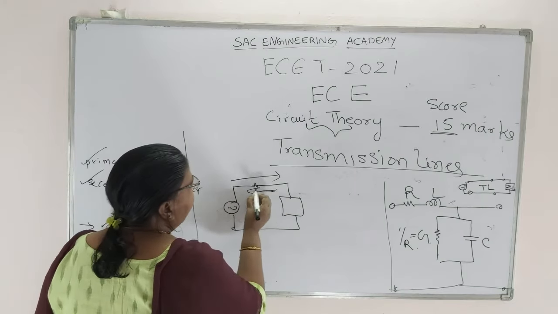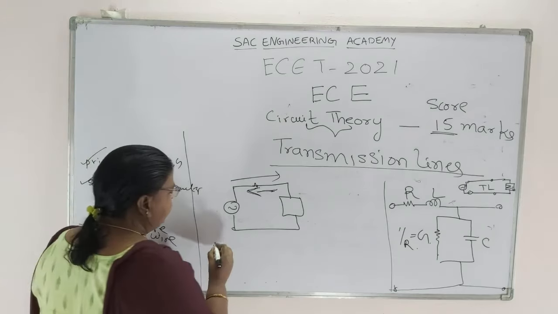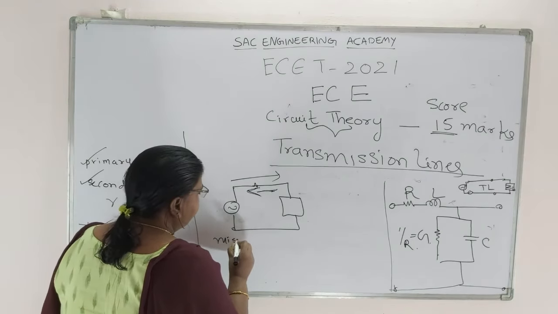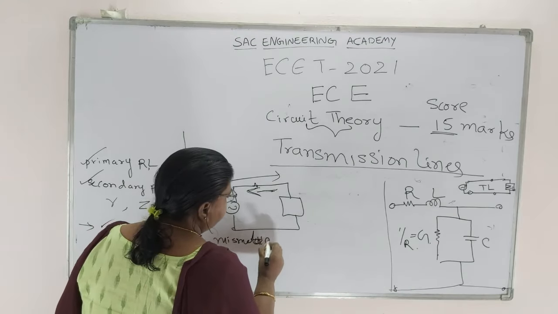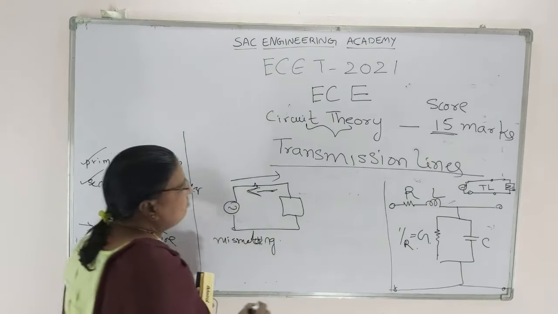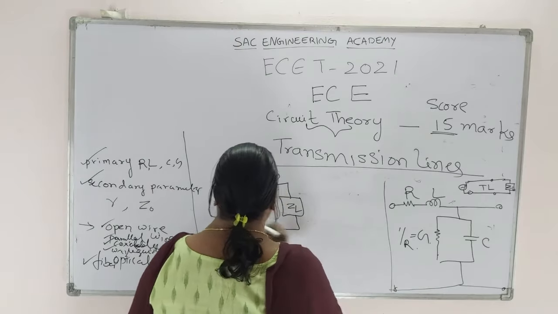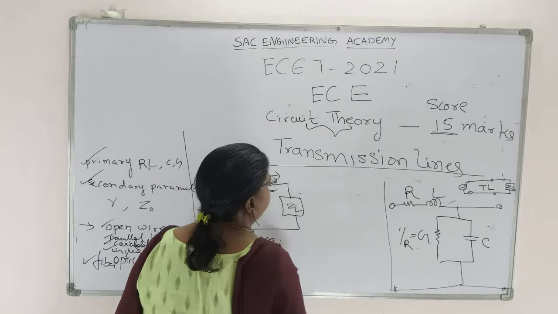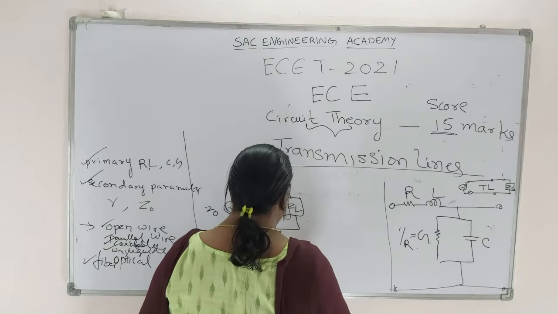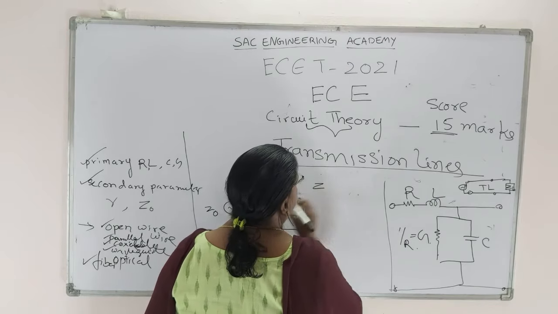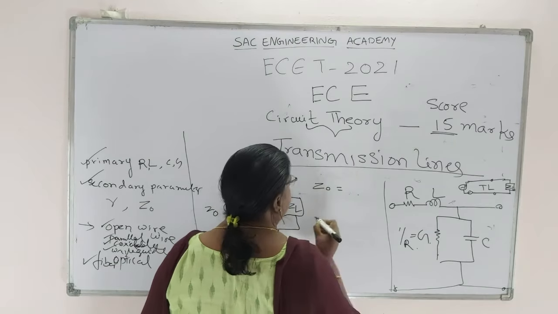That loss is due to the reflections from the load. This is called mismatching. Now the transmission line has Z0, the input impedance.